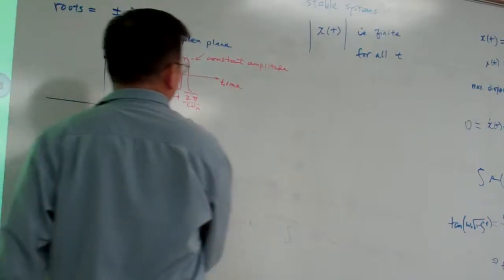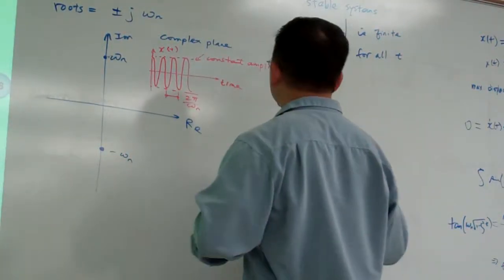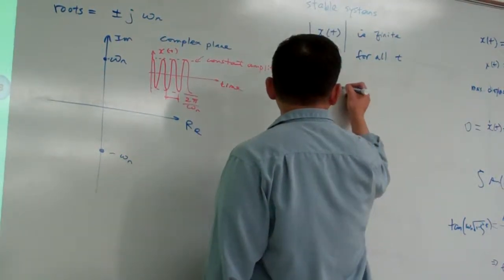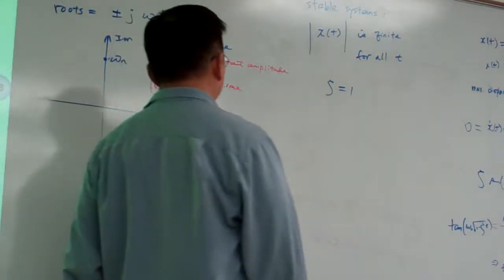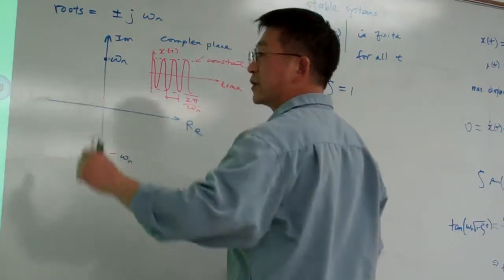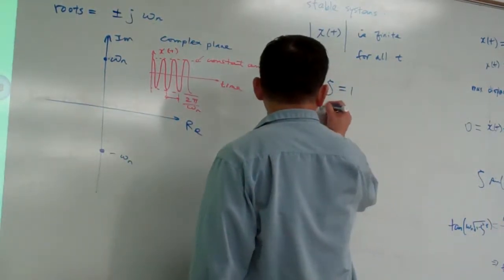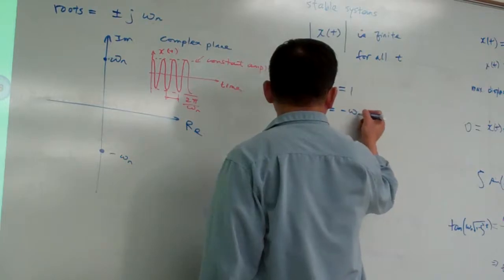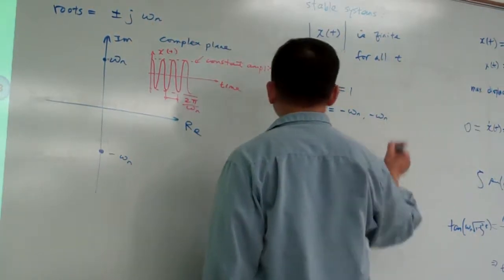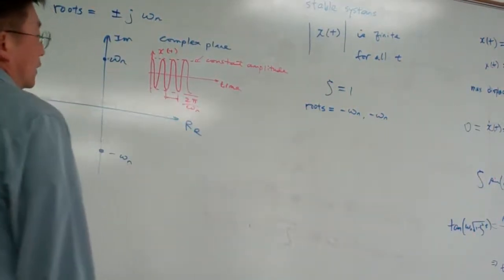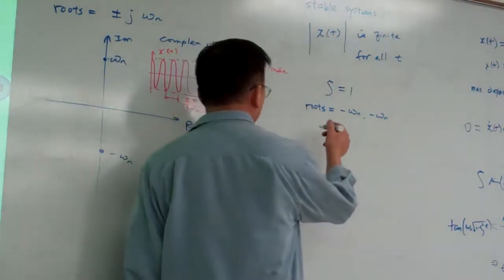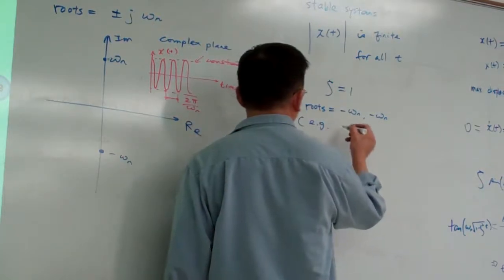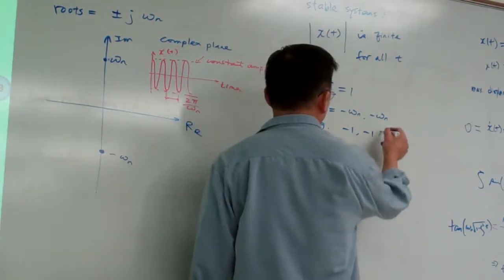Okay, so now we consider another case. Say damping ratio equal to 1. Then the roots become minus omega n and minus omega n, two repeated roots. For example, say minus 1, minus 1, okay?